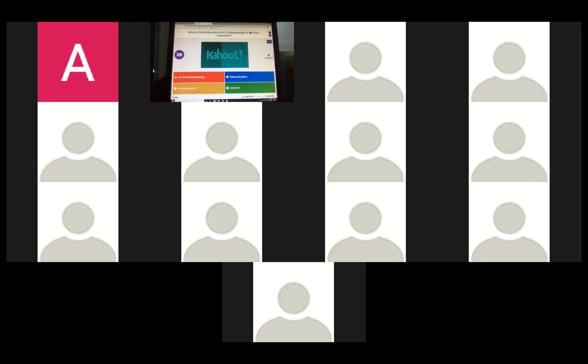Which of the following is not a characteristic of all living organisms? Nice. You guys all got that one. Awesome. I don't even have to explain it. Not all organisms are independent. Good job.